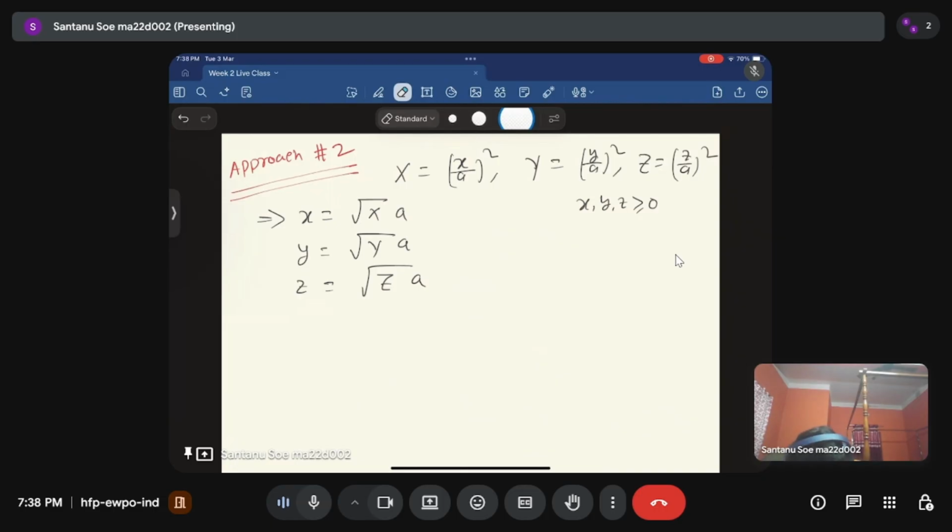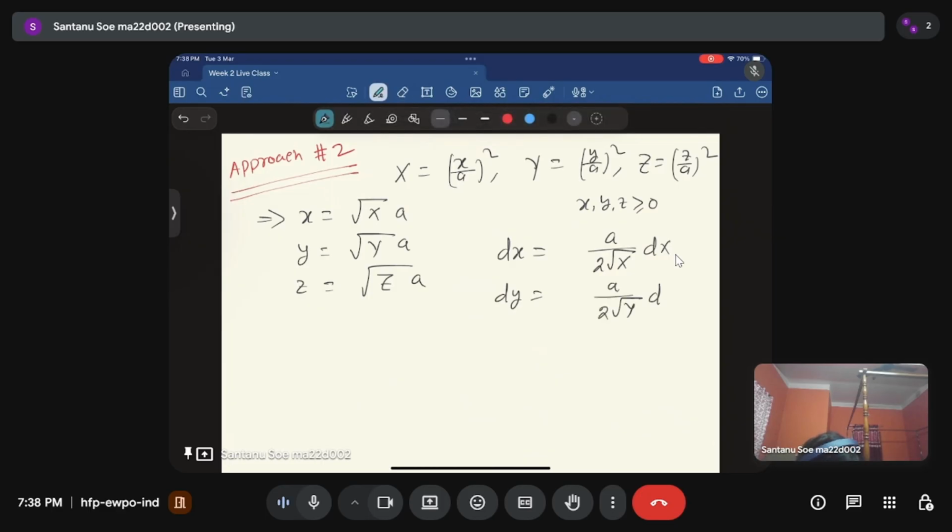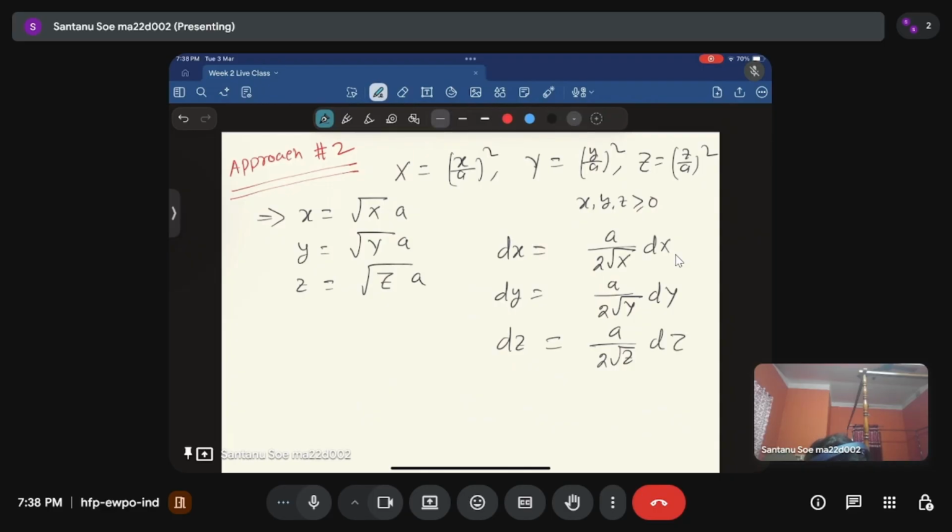So now from here we can see that dx equals a divided by 2 square root of X dX, dy equals a divided by 2 root Y dY, and dz equals a divided by 2 root Z dZ.